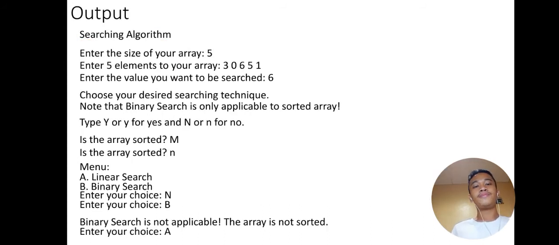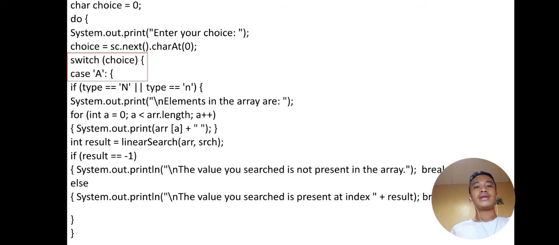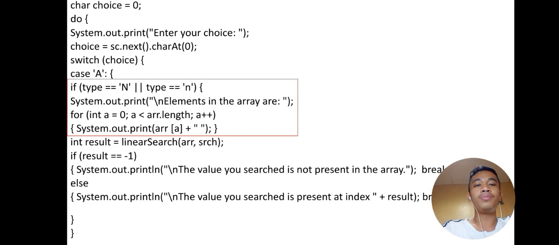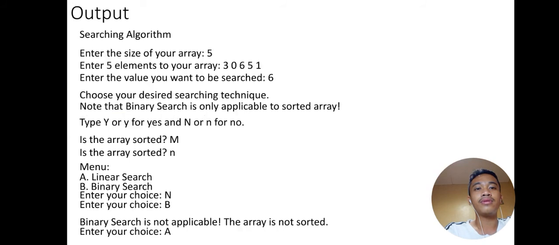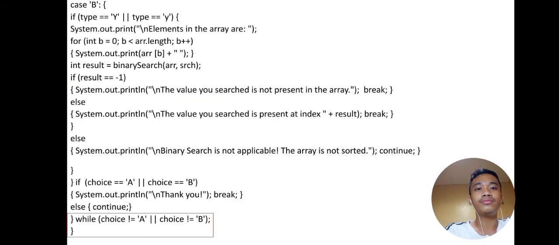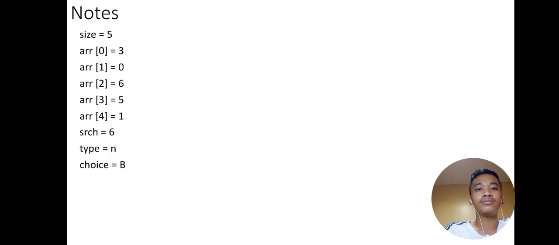Now it will print enter your choice again and prompt the user to input. So now the user input big A. Then switch A. So it will check the cases. So we have case A right here, and we'll perform the code under case A. So we have a condition right here. If type is equal to big N or type is equal to small n, the value of our type is small n.